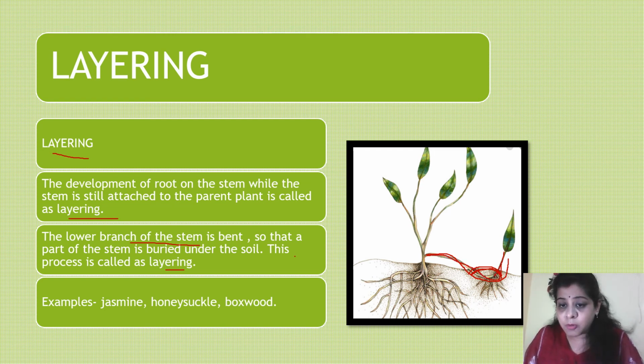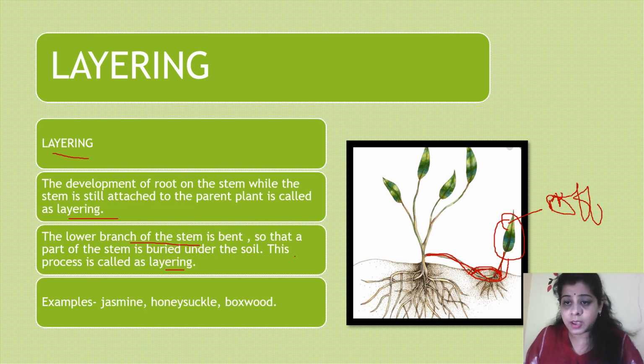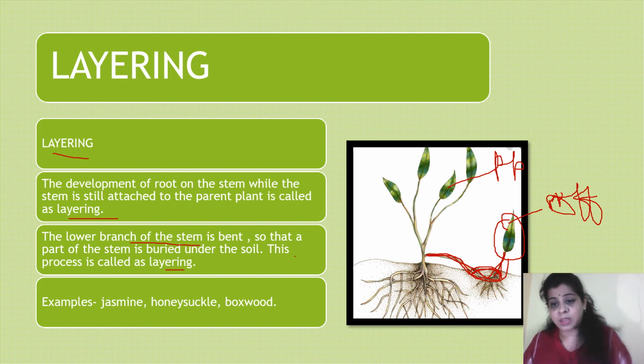Now from this only, the offspring, the new plant, arises, and this is the parent plant. So you see, the offspring is still attached to the parent plant. In the earlier examples, we have seen the offsprings are not attached to the parent plant, but over here the offspring is attached to the parent plant.